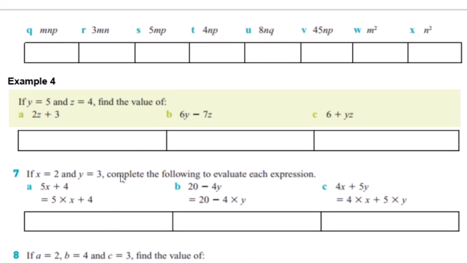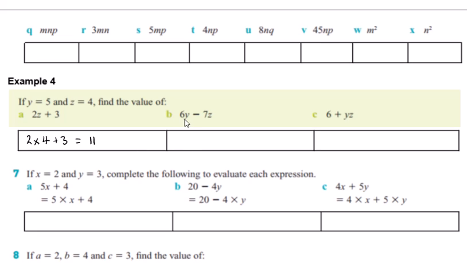Right, next example says if y equals 5 and z equals 4, find the value of these expressions. So the first expression is 2z plus 3. So we have 2 times whatever z is, which is 4, plus 3. 2 4s are 8, plus 3 is 11.